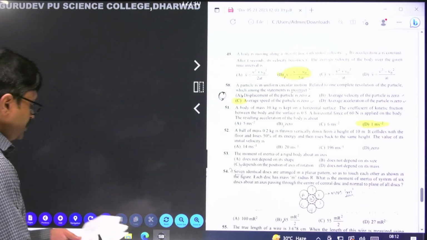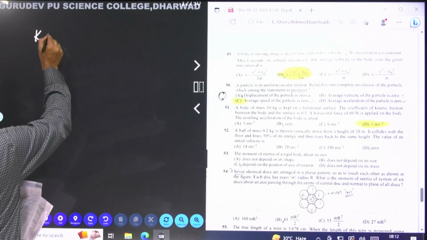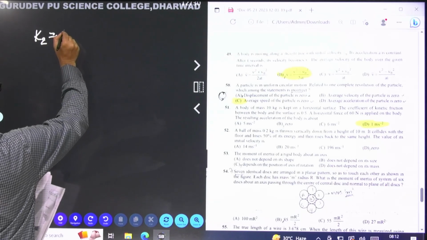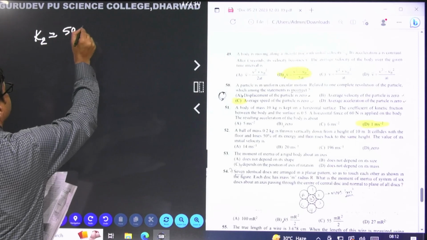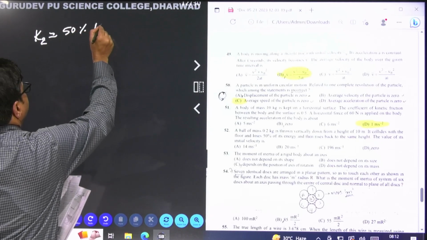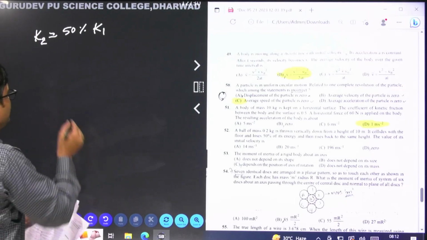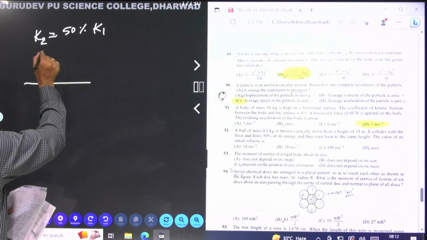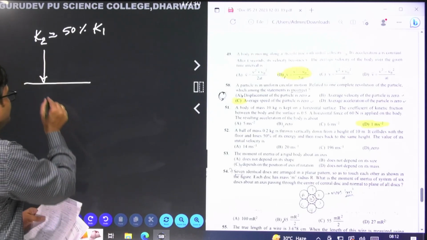Okay, so according to given, I'll just mention K2 is 50% of K1. And in case of K2, as you can notice here, the ball is thrown downward. It will hit the ground with some velocity.